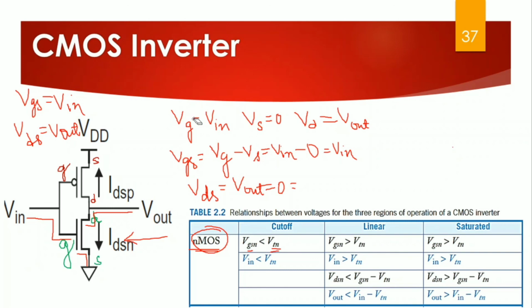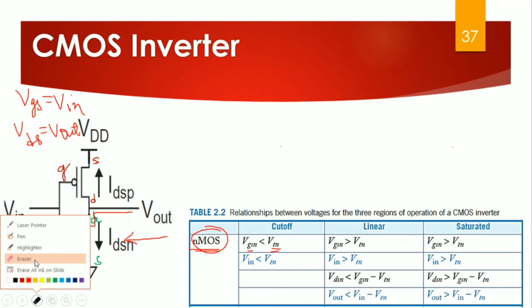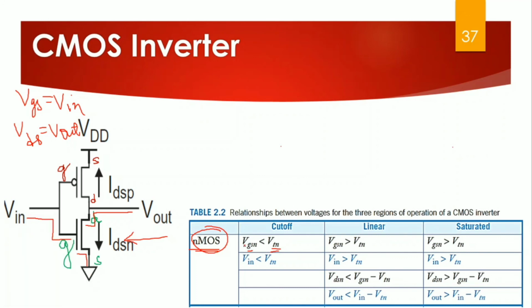Now, let us analyze the expressions by looking into the given table, substituting the given values. VGSN is equal to Vin, so Vin less than VTN. This is the condition. Now, VDS less than VGSN minus VTN.